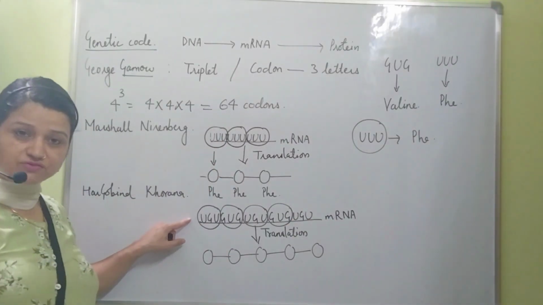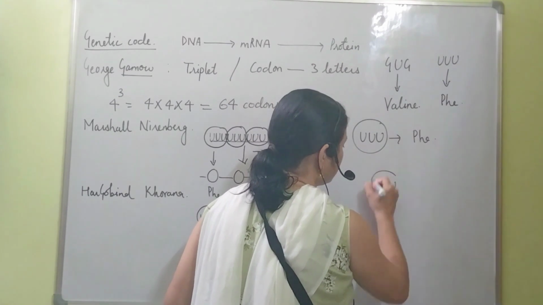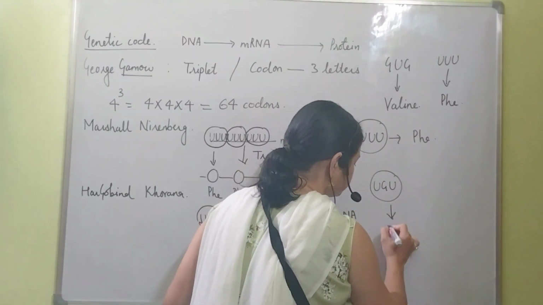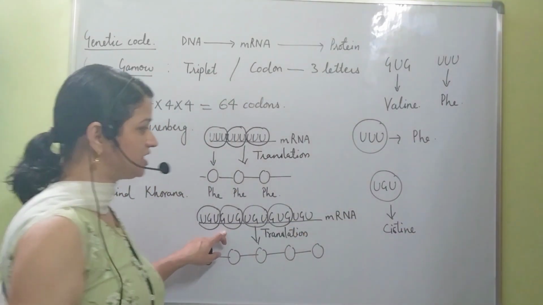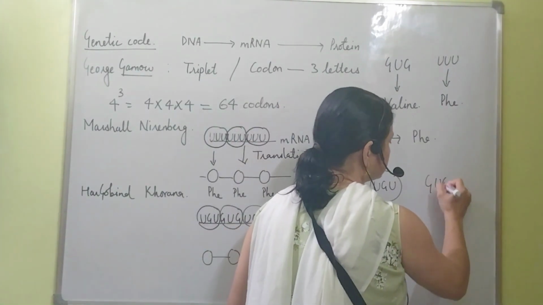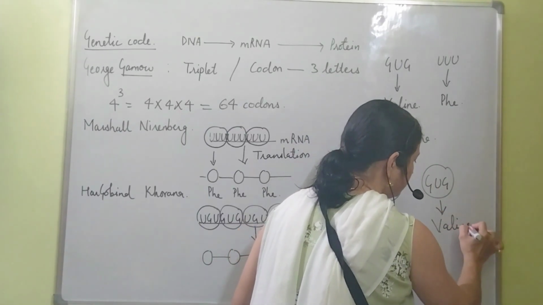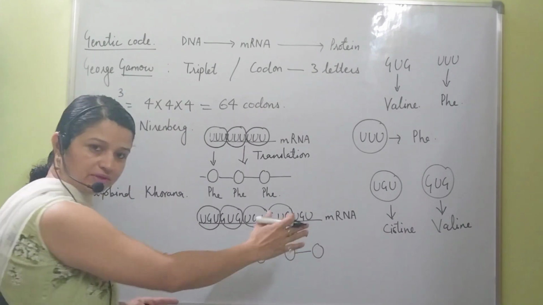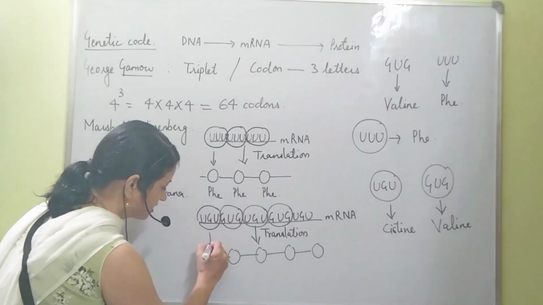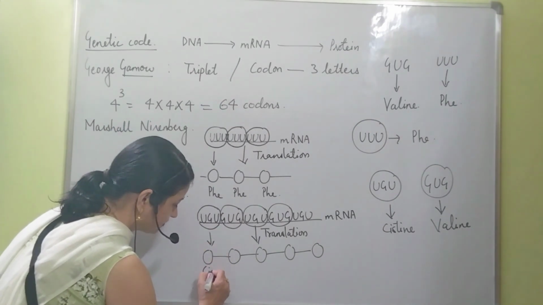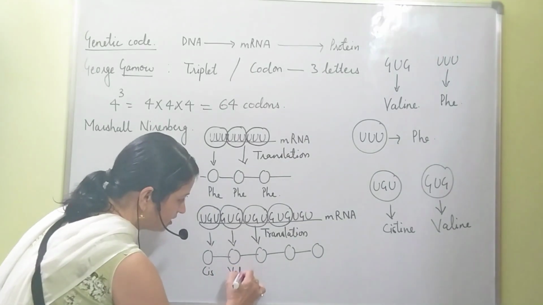Now here, as we know today, the codon UGU codes for the amino acid cysteine, and the codon GUG codes for valine. So here we got a polypeptide having two types of amino acid: UGU, that is cysteine, and GUG, that is valine.